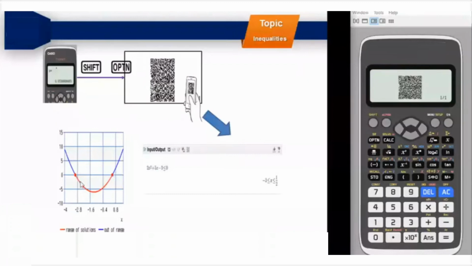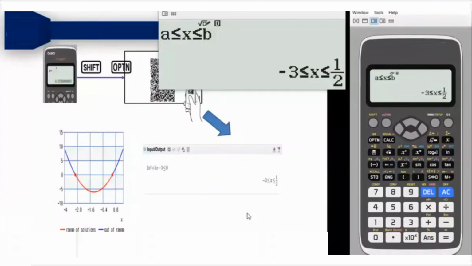The region marked with red is your desired region, and the inequality is minus 3, x lies between minus 3 and half. I hope this is clear to all of you. So this is the quadratic equation that I solved, and I hope you realized how the curve looks like and how the inequality is obtained.